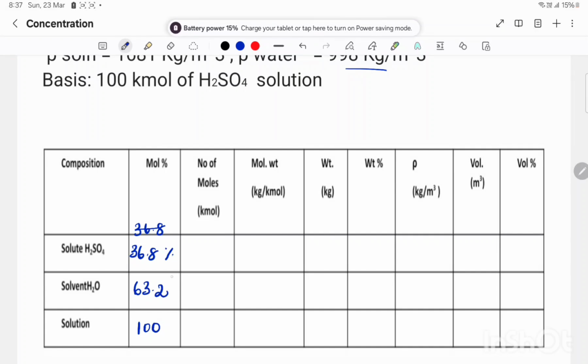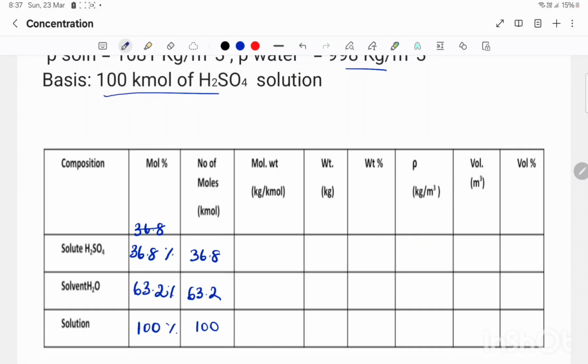This percentage we can directly convert to number of moles: 36.8 and 63.2, totaling 100. With this 100 only, we are going to calculate weight percentage and volume percentage. So the basis of the solution is 100 kilomole of H2SO4 solution.